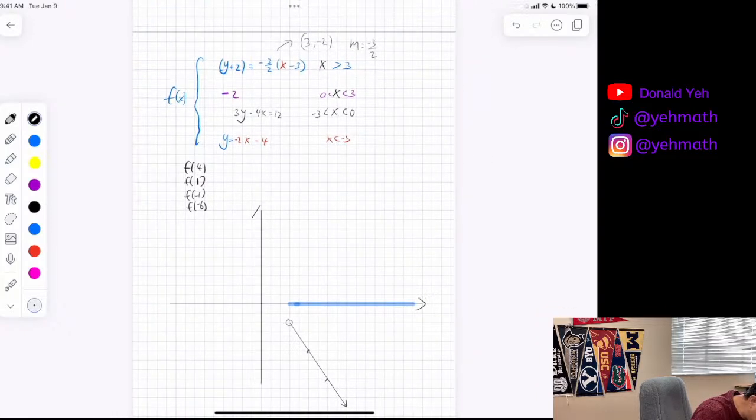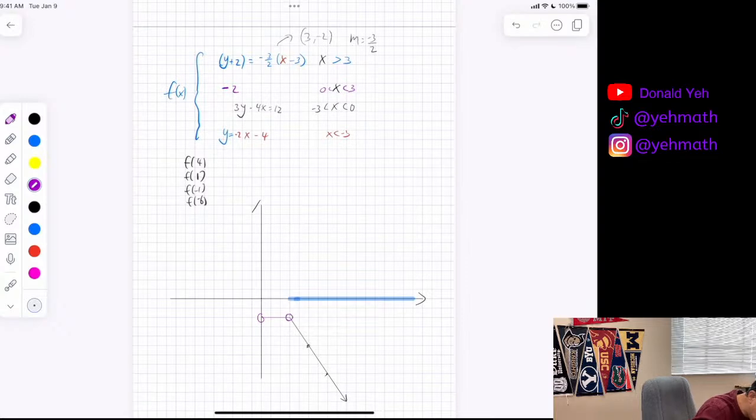And when the equation is y = -2, that means it has a horizontal line. Now for this one, I'm going to solve for y. I'm going to divide by 3 on both sides. Now I'm going to have 4 here, and it's going to be an open circle.